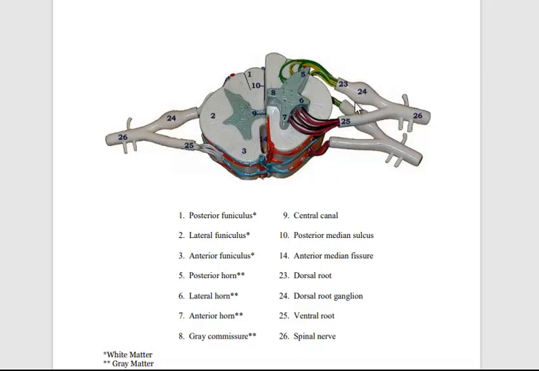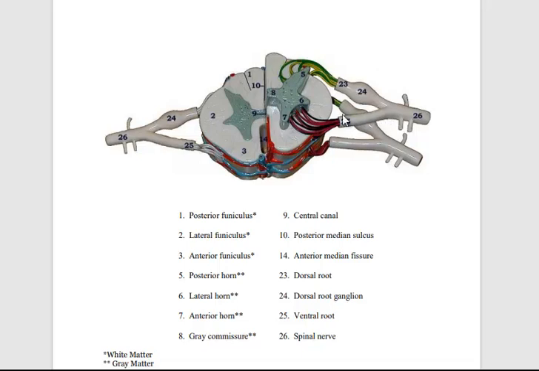That's actually got some cell bodies in there. And so 24 is your dorsal root ganglion. It's in the back, so it's dorsal, not in the front. And there's your ventral root.